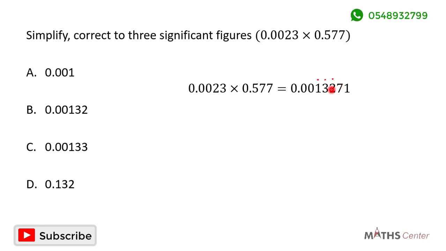When we add 1 to 2, that will give us 3. So it means that when we correct this number to three significant figures, we will have 0.00133. When we look through the options, the correct option is option C, 0.00133.